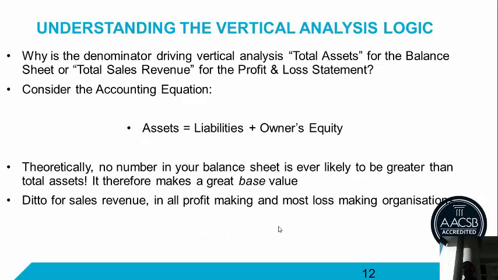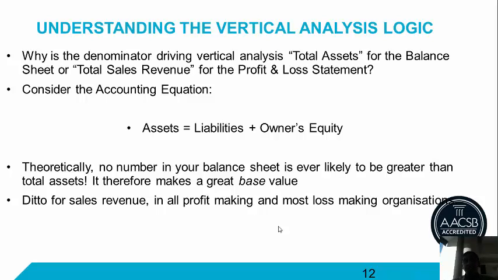So let's now think about the vertical analysis logic. If you have a company that, for the balance sheet, is interested in how its total assets are deployed, well, you want to know first where the money comes from. It comes from debt, comes from owners' funds. That's how we use money. We get money from there and we use it to deploy assets.